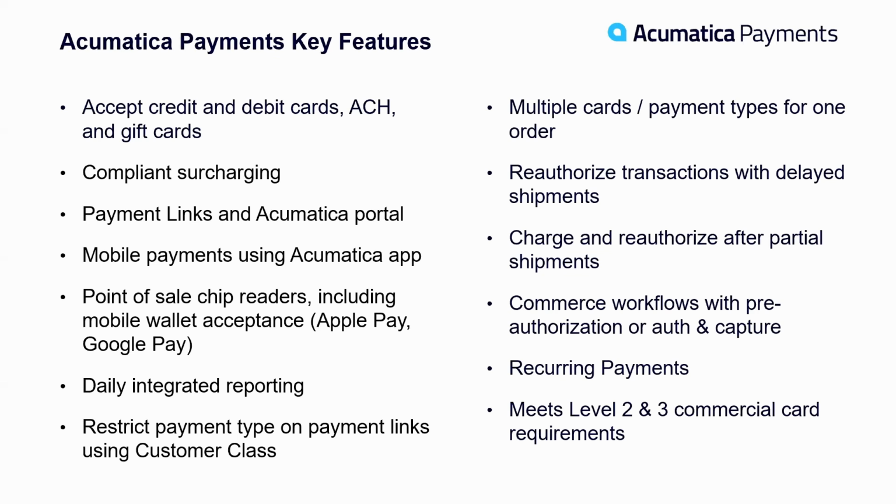So all of the things that are available in Acumatica, but we pass that information behind the scenes in the transaction, which qualifies the transaction at a lower cost, which is super important. So commercial card data requirements, this is something that's automated within Acumatica, which qualifies the transaction for a lower rate.